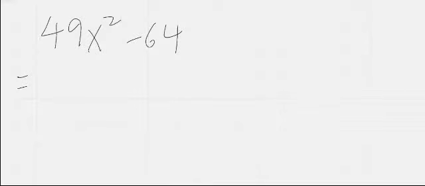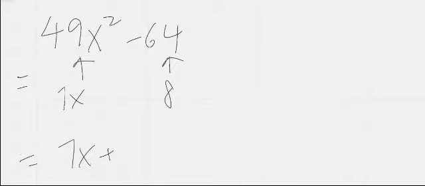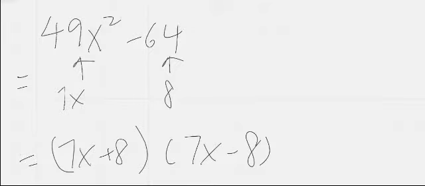The very special thing is that they are both squares of some numbers. 49x squared is the square of 7x, and 64 is the square of 8. So when we find that out, we can write 7x plus 8 and 7x minus 8. And here you go. The hard part of this is to figure out the square, and the easier part is just how simple it is compared to anything before.